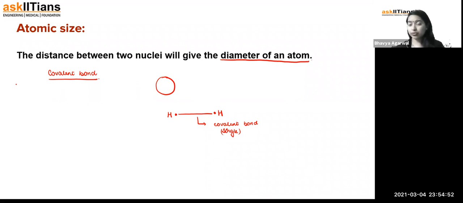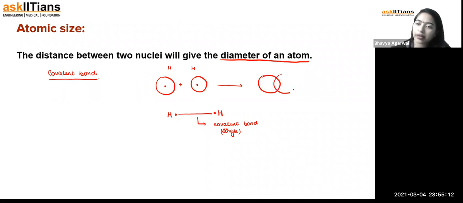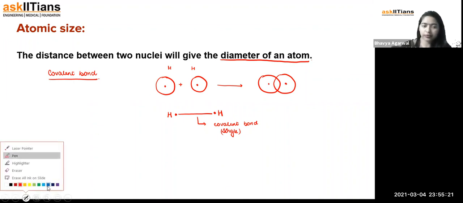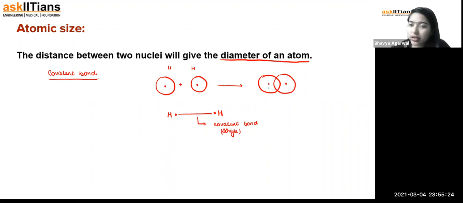When you are drawing its pictorial representation, there is one hydrogen atom with its nucleus, and another hydrogen atom with its nucleus, and they are combining together. This is your combination. So the distance between the two nuclei is going to give you the diameter of an atom.